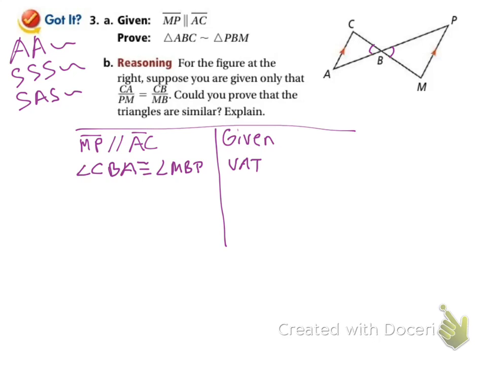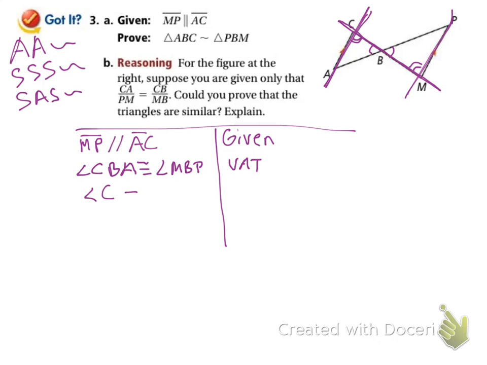So if you look at these parallel lines with this transversal, if you need to, tip your head so you're used to seeing it. These right here are alternate interior angles. So since those lines are parallel, we know that those are congruent.